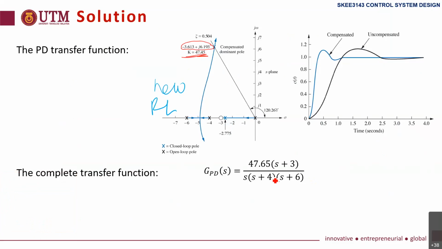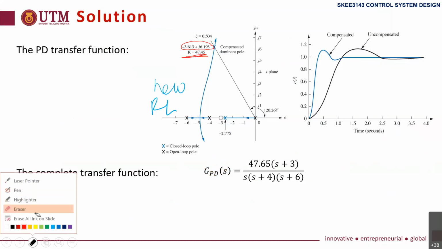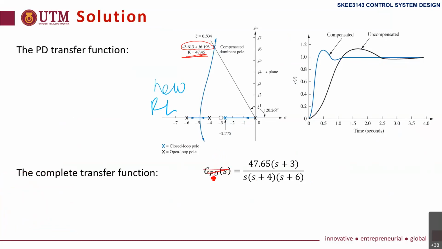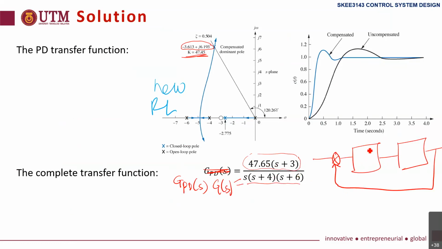And this is the complete transfer function. This is not GPD, this is G. I missed G. So it's 47.45(s plus 3) from the PD, and this is the original one because we put them in series: 1 over s(s plus 4)(s plus 6).